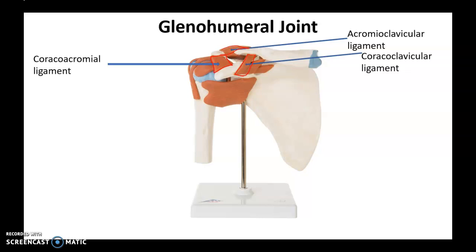Now, know that the coracoclavicular ligament is responsible for most of the stability of the joint because it indirectly prevents the clavicle from losing contact with the acromion. If this ligament is torn, as we see in severe shoulder separation or shoulder joint dislocation, the acromion and clavicle no longer align properly.